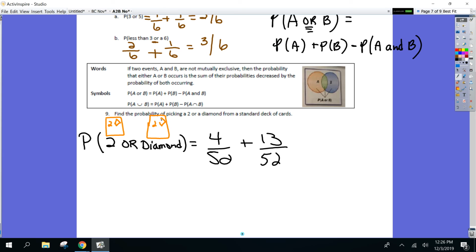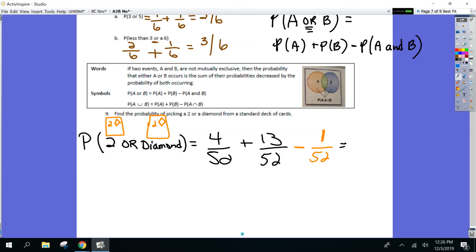So you're counting the same card twice. Can't do that. It's like I count Alex twice and say there's 14 kids instead of 13 in here. You can't count it twice. So that's why we need to subtract out how many they have in common, which is one card that can be the 2 and diamond at the same time. Everyone see what we did, that we can't count it twice?